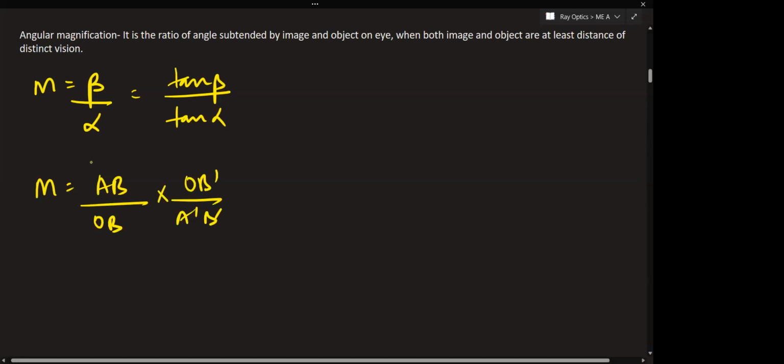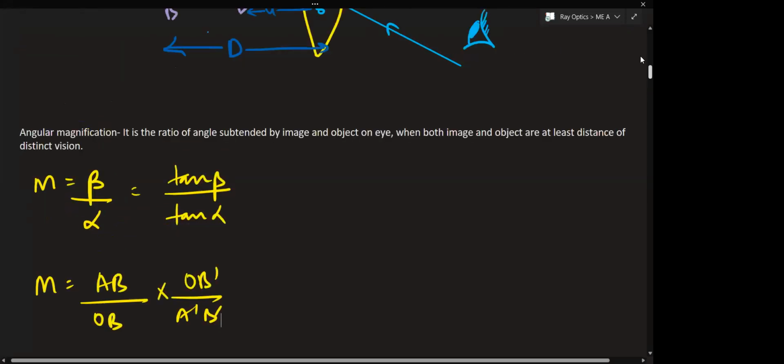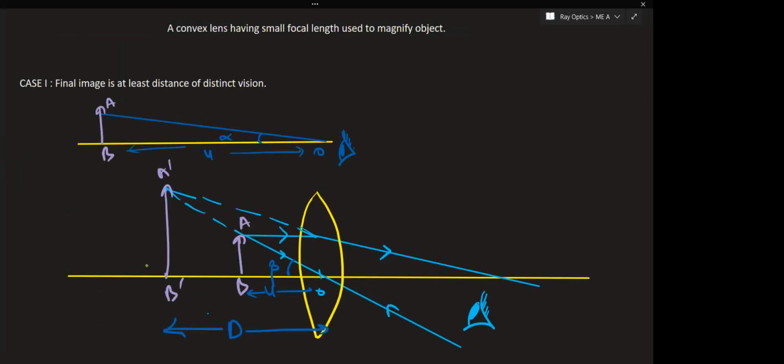Now see class. Here A dash B dash, or here you can see, this can also be written as AB. AB is the perpendicular distance, right? In this triangle, this is AB divided by OB, right?